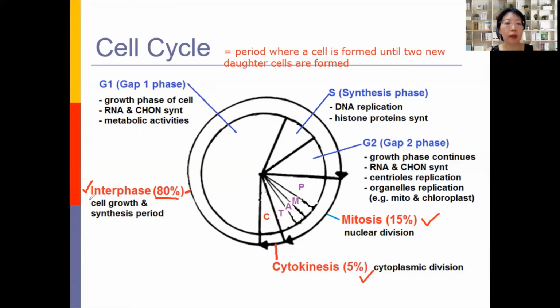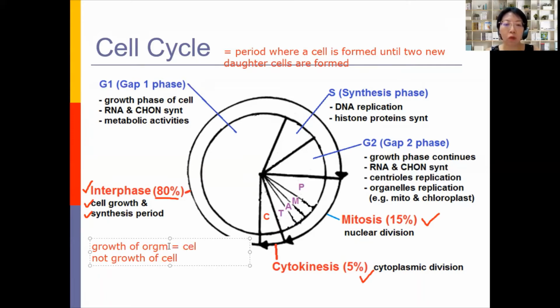What happens during interphase is that the cell will grow, and it will synthesize a lot of substances in the cell. Now I want to bring to your attention that the growth of an organism is not the growth of a cell.